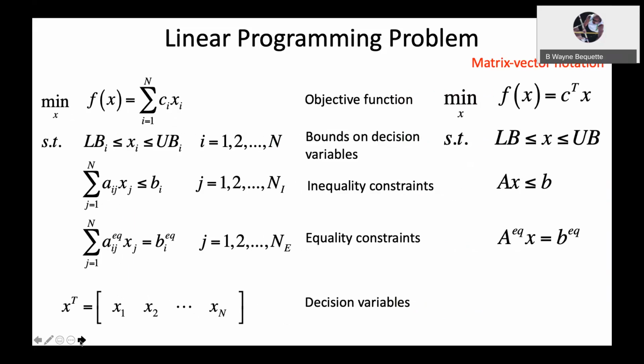So the way this is generally written in the optimization literature is shown on the right-hand side using matrix vector notation. So then you have this row vector C transpose times the column vector X, and that represents the linear objective function that's being solved, subject to the bounds on the decision variable vector. The inequality constraints represented as AX is less than or equal to B, and then the equality constraints.